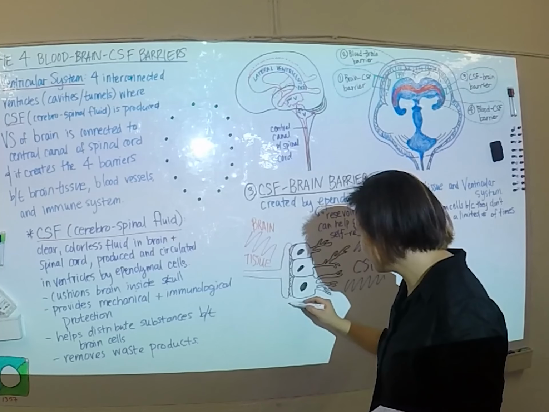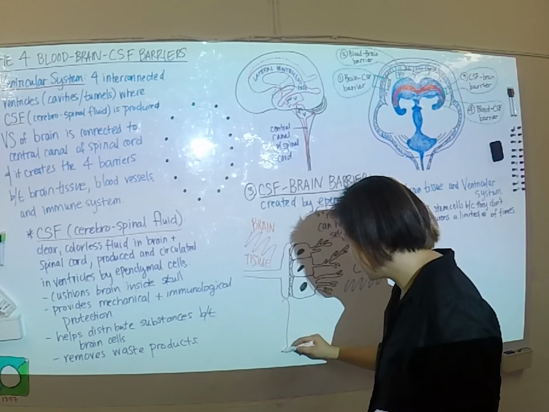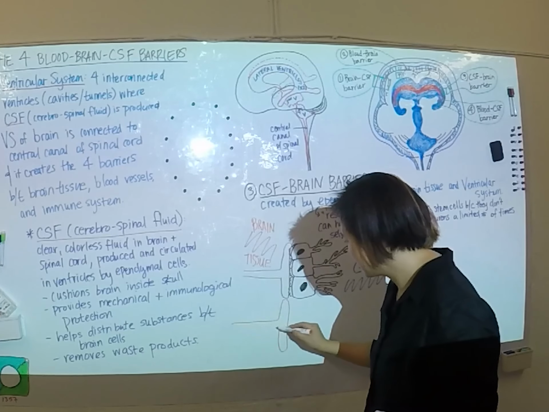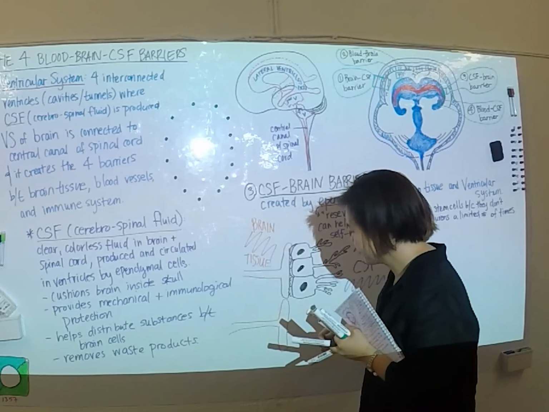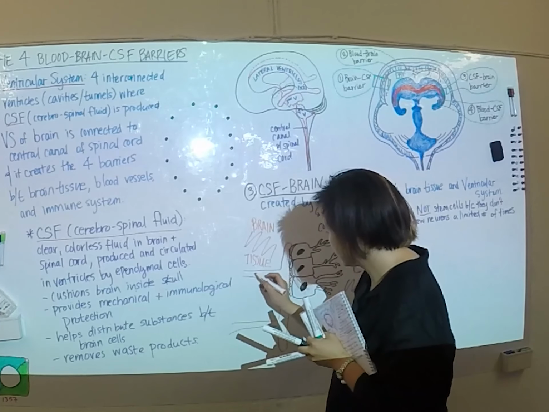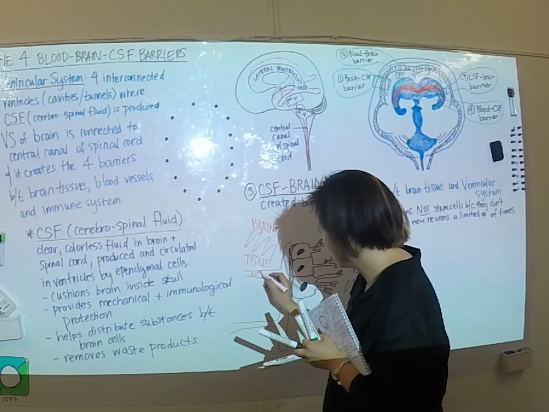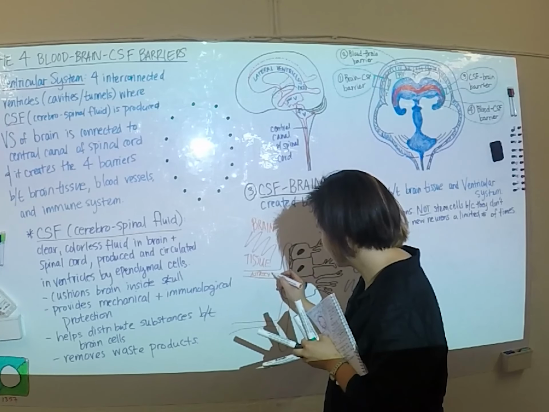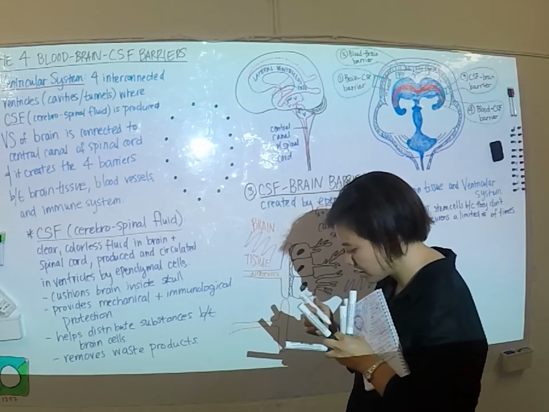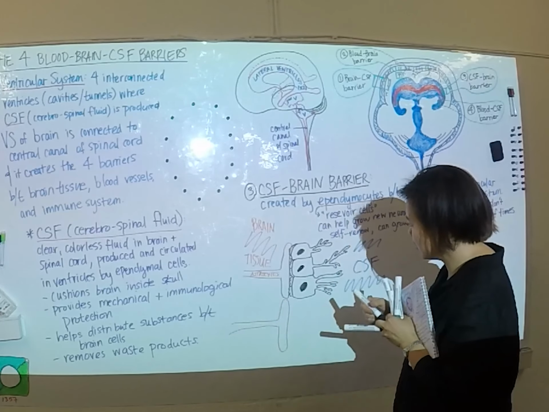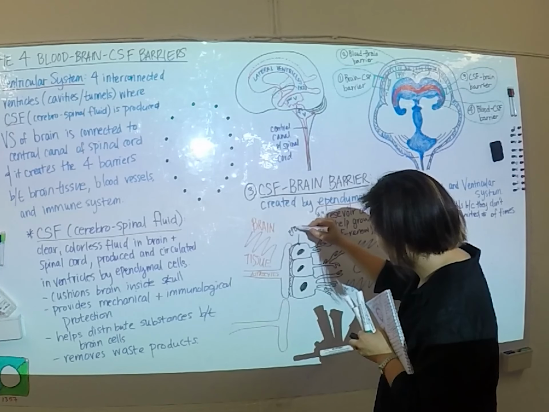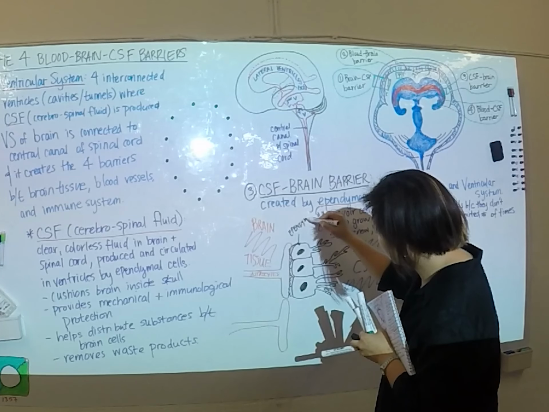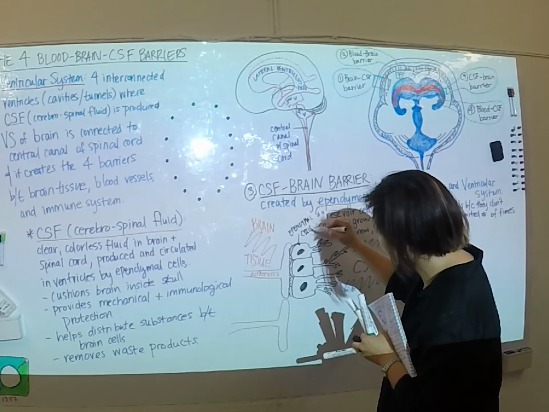And we've got the astrocytic feet. All right. So these are astrocytes. And these are ependymal cells.